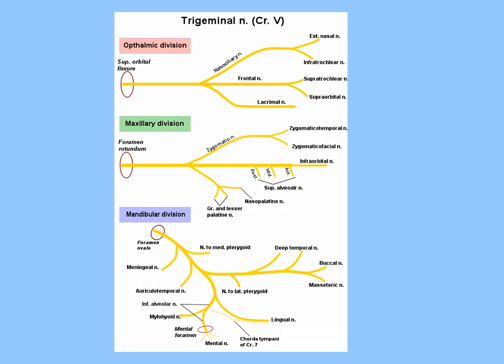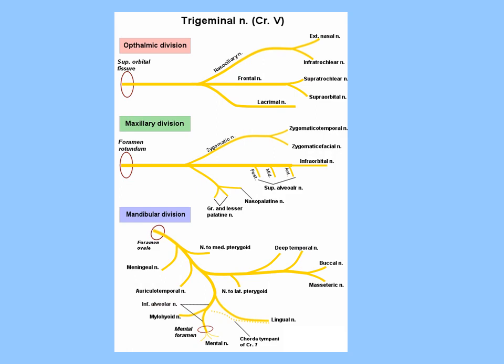So the supratrochlear nerves will be associated with the trochlea on the superior medial orbit, and the supraorbital nerve will exit the supraorbital foramen. The supratrochlear nerve and supraorbital nerve provide sensory from the forehead.